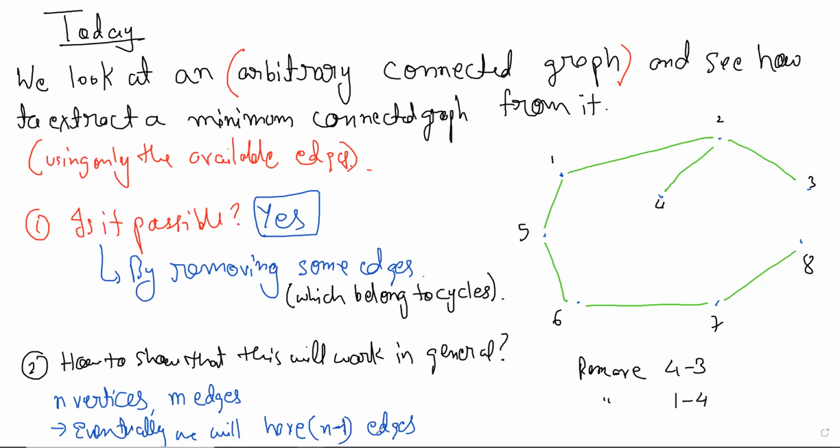After that process that has been described is run, how do you explain that you will reach n minus 1 edges? Because the way we are doing it, it's not very clear.